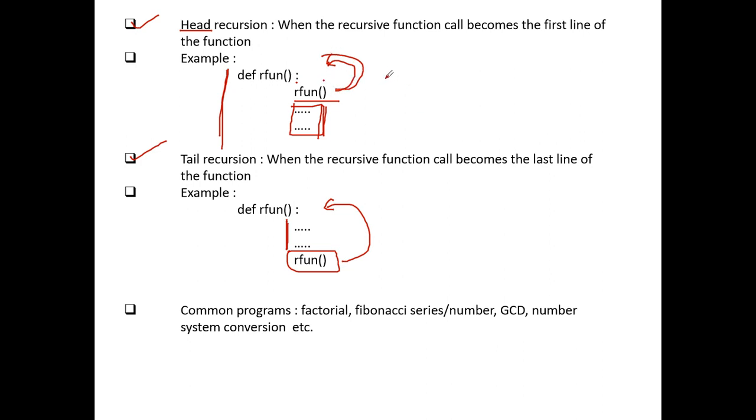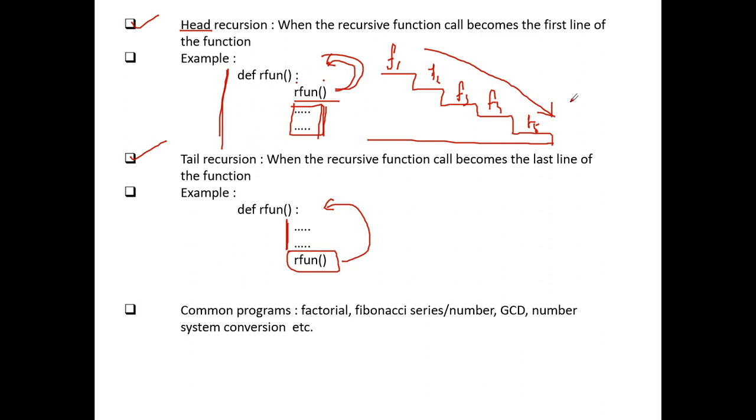One thing I can also tell here: you can compare recursion to a staircase. When you call the function the first time, here you are. The second time, here you are. Third time, fourth time, like that. Fifth time, maybe you stop here. Now in a staircase you have two things, while you are coming down and while you are moving back.